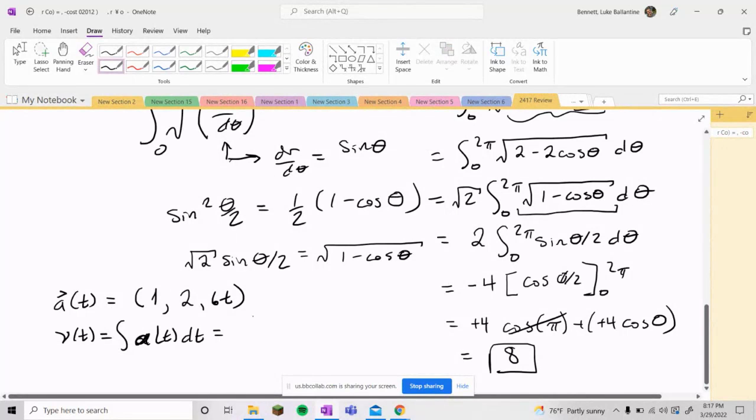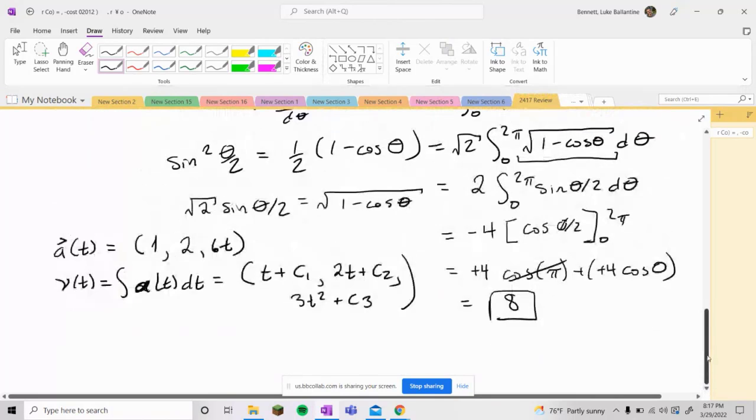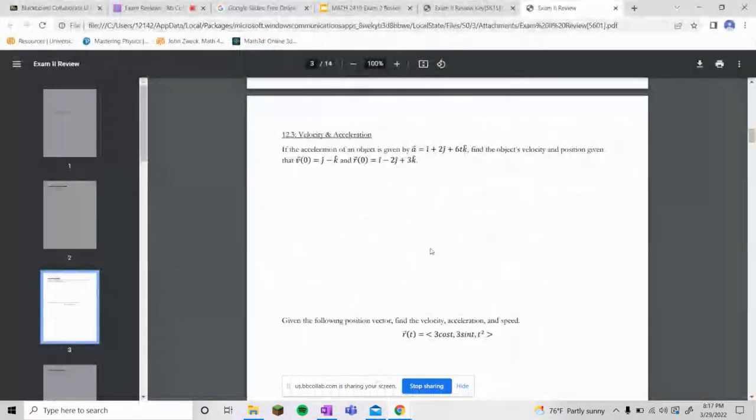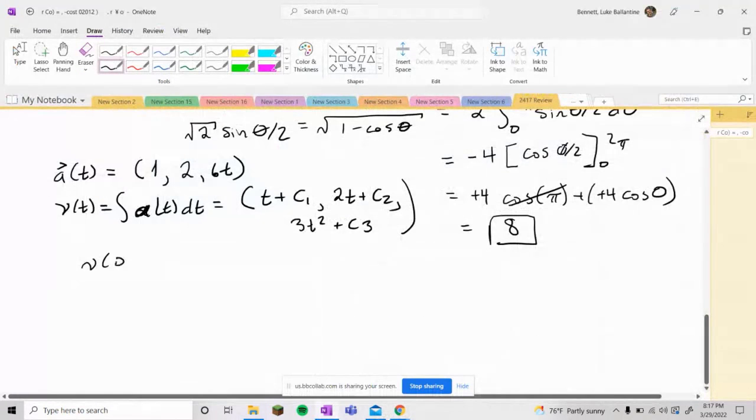So this is just t plus c1, 2t plus c2, and 3t squared plus c3. That's like the third component. And then we can find c1, c2, and c3 with the velocity j minus k. So v0 is j minus k. This is just 0, 1, negative 1.